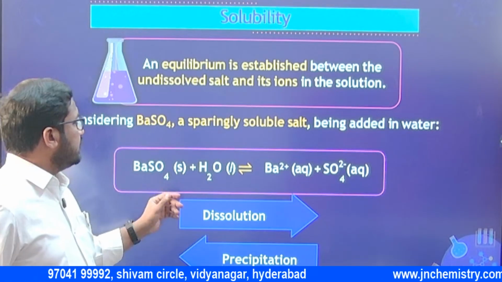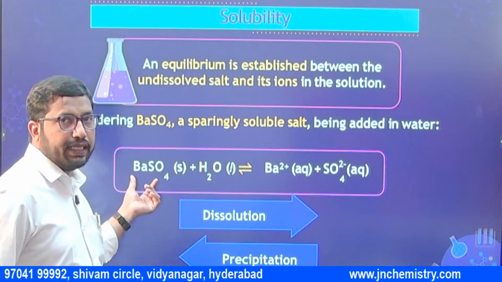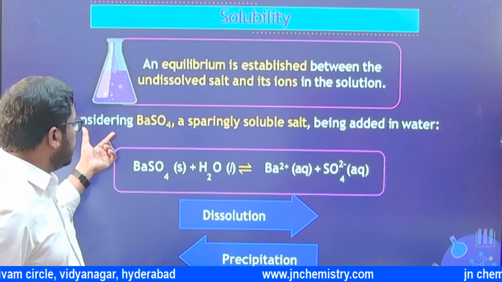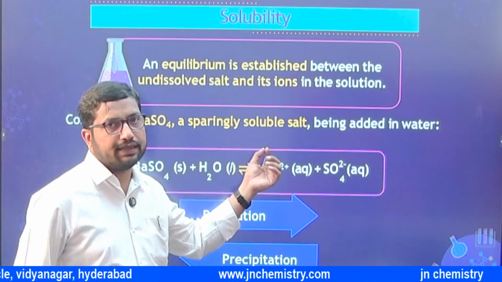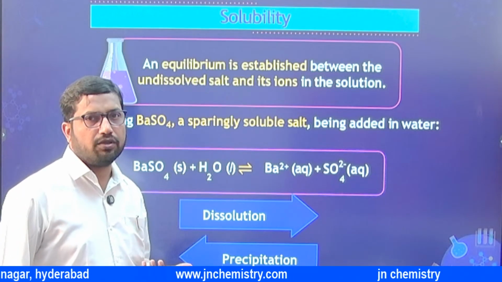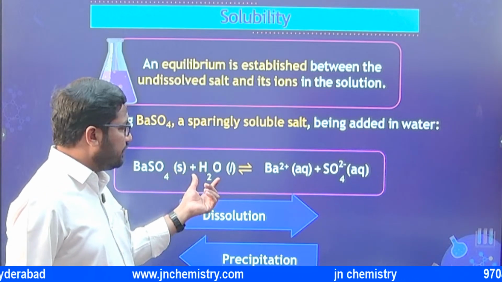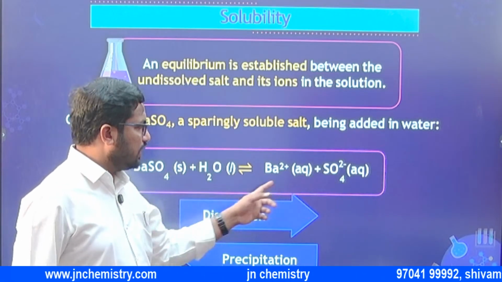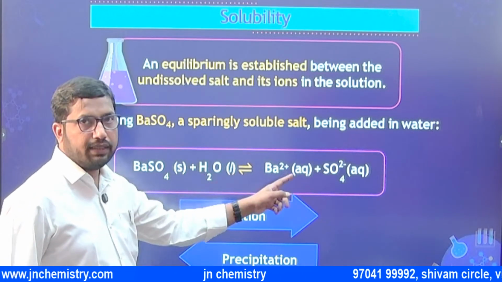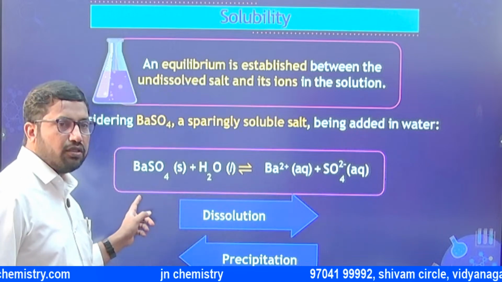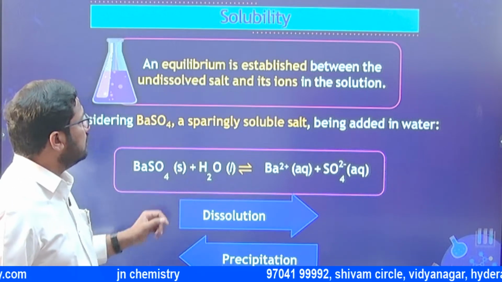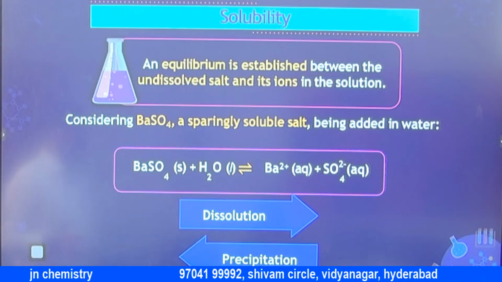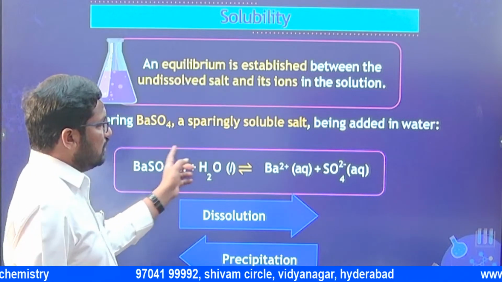Equilibrium is established, for example, for BaSO4, a sparingly soluble salt, meaning it does not dissolve 100%. Some solid plus liquid, when we add this, Ba2 plus and SO4 2 minus ions form, and they are in equilibrium with the salt.